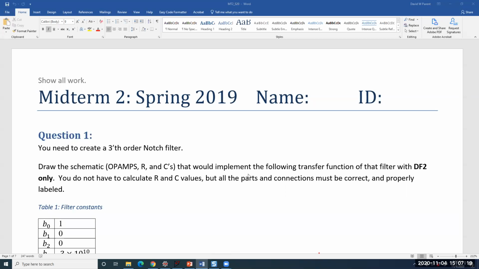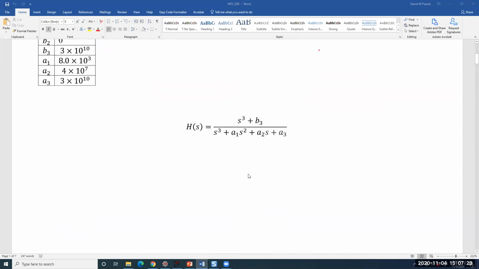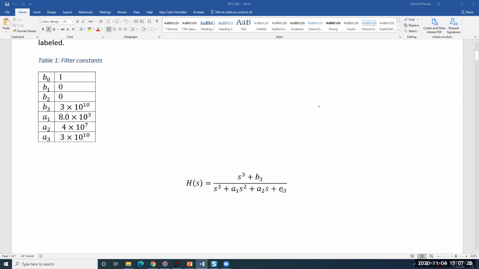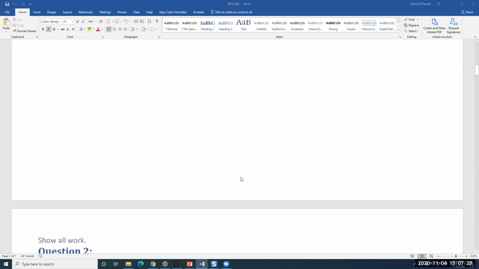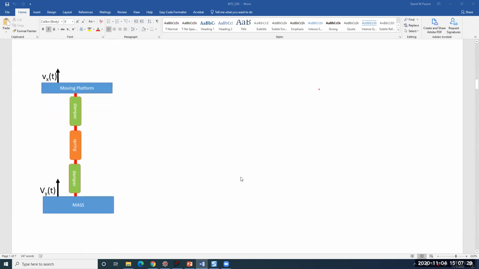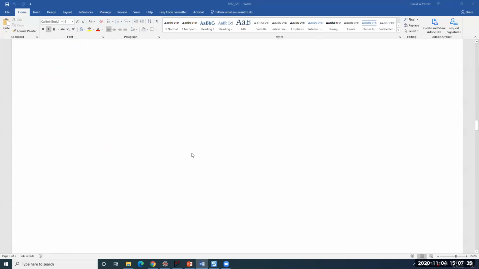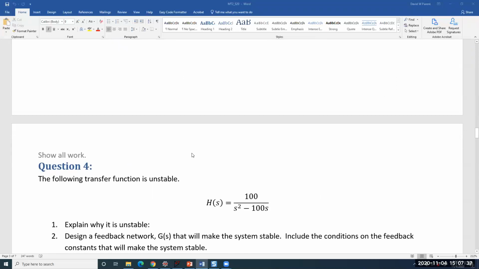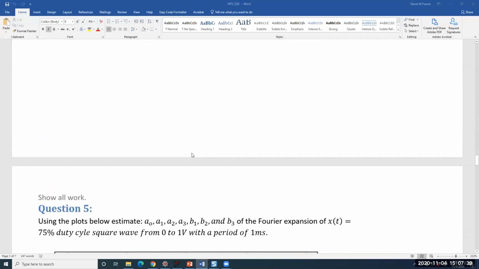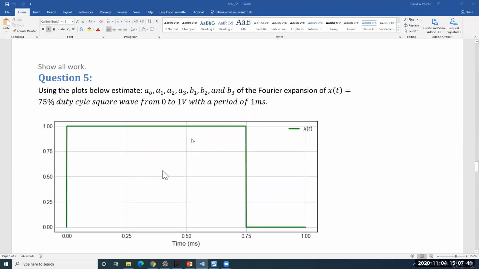So that's why I don't have a my open math version, right? But there'll be a question, something to do with DF2, right? Something to do with mass spring damper, some kind of gain bandwidth type question, a control question, and then a Fourier expansion type question.